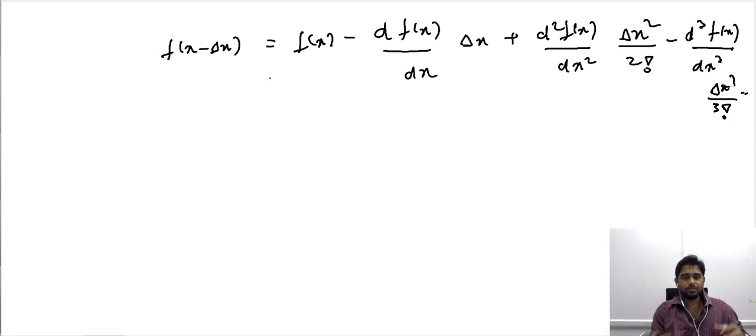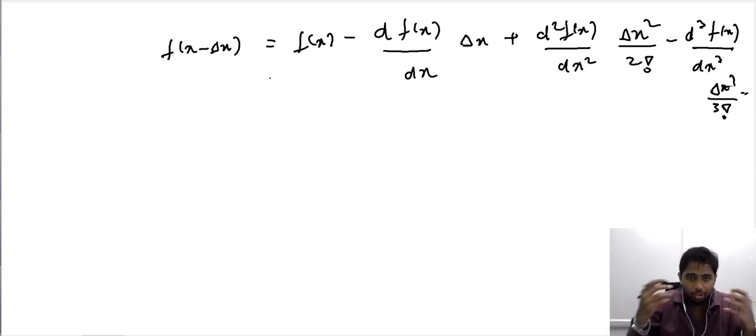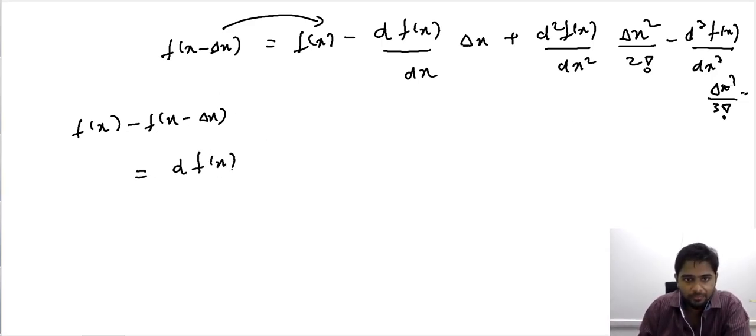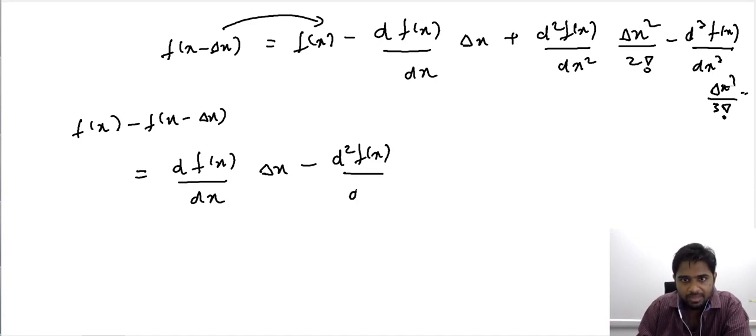Now, when you consider the backward difference scheme, the numerator involves f of x minus f of x minus delta x. So in order to do that, all we need to do is bring this term here and all the rest to the other side, and when we do that, what we end up having is again df of x by dx delta x minus d square f of x by dx square.